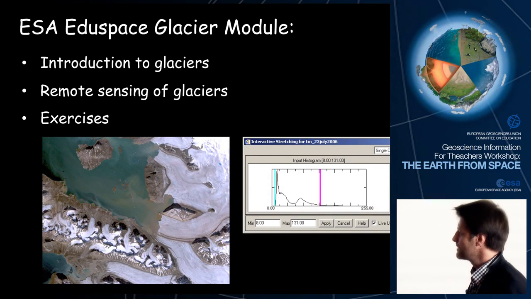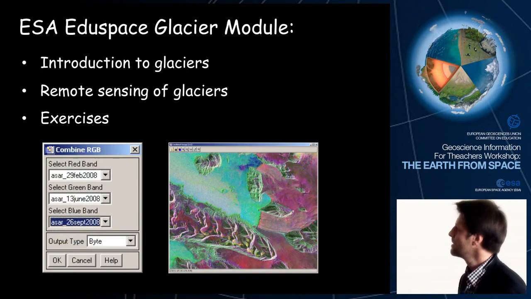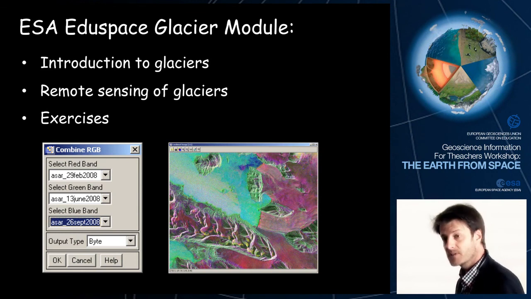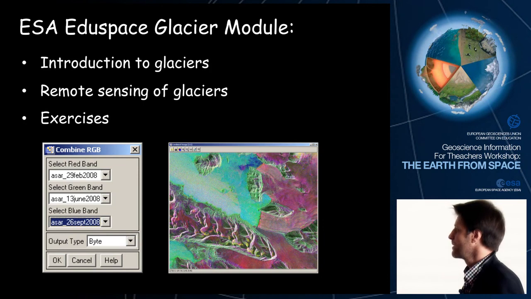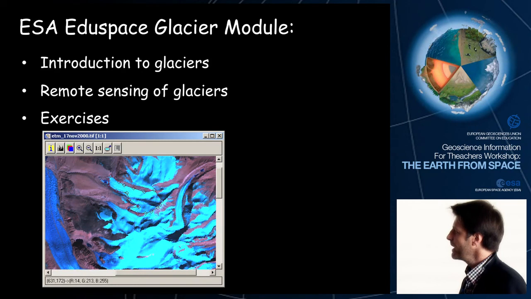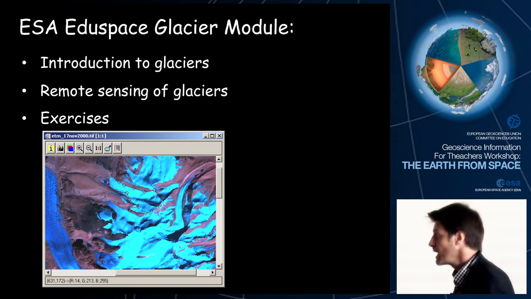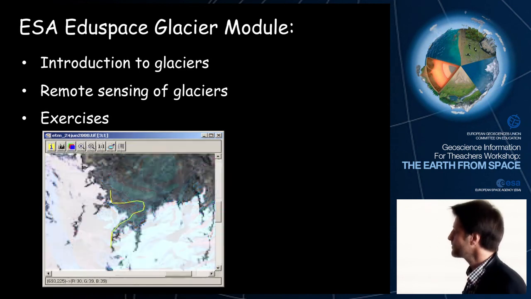So one exercise, for instance, explores the optical properties of snow and ice in different wavelengths. One exercise explores the radar response of snow and ice. You have seen this image before. One exercise goes for glacier mapping, so manual glacier mapping, perhaps also automatic glacier mapping.